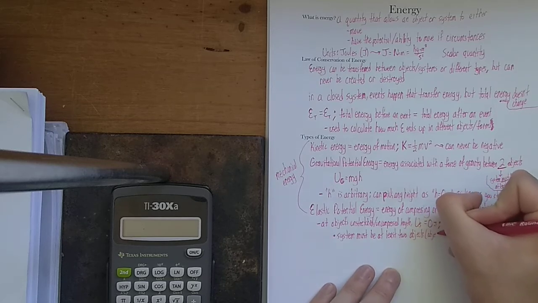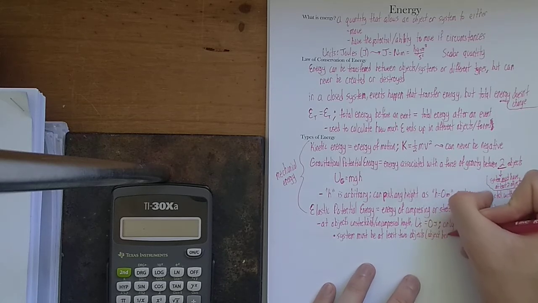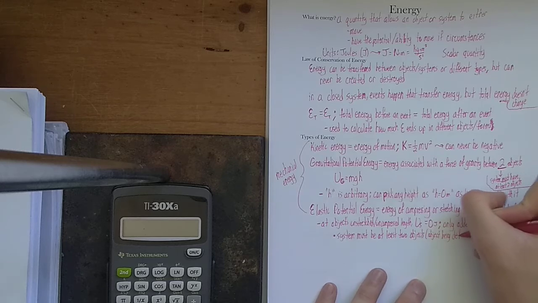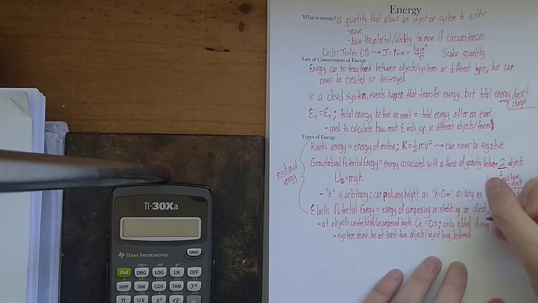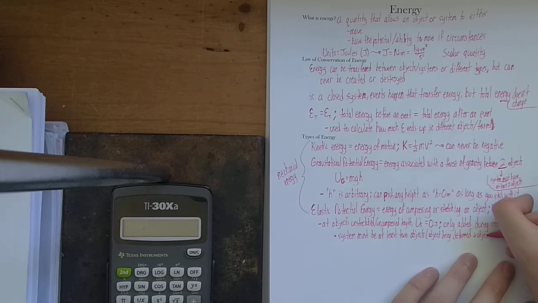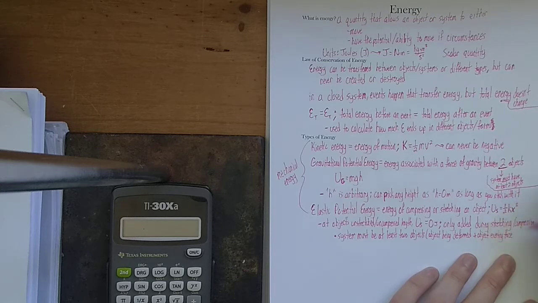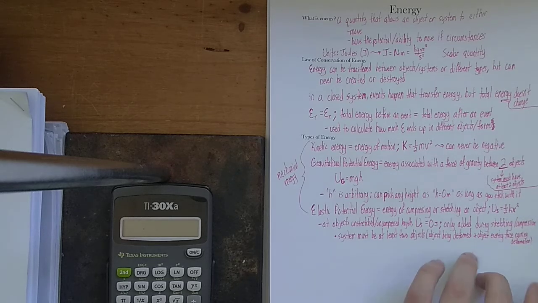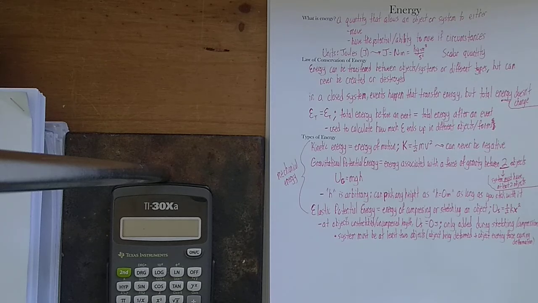And that's because there has to be an object being deformed, and you also have to have some object that is exerting the force causing the deformation. Okay, so it has to be at least two objects.